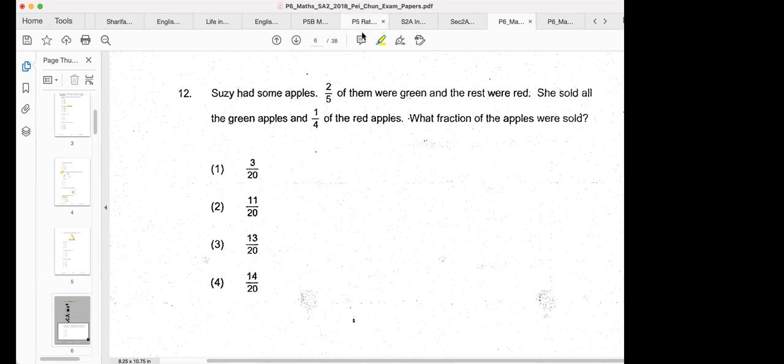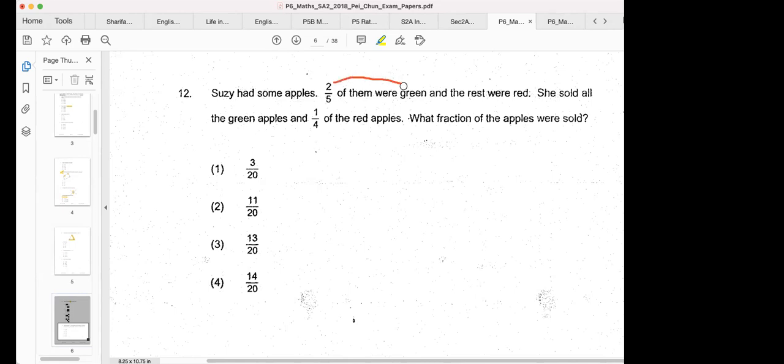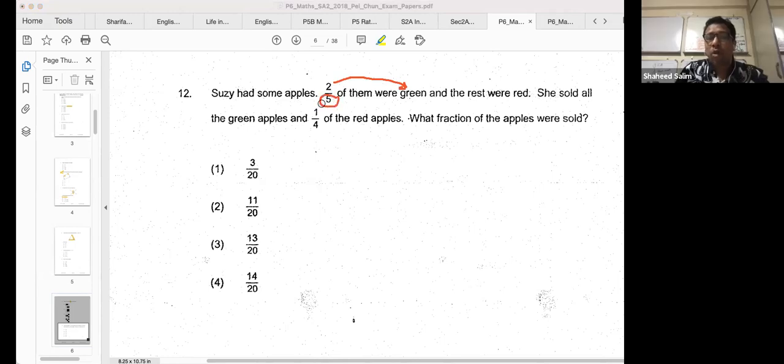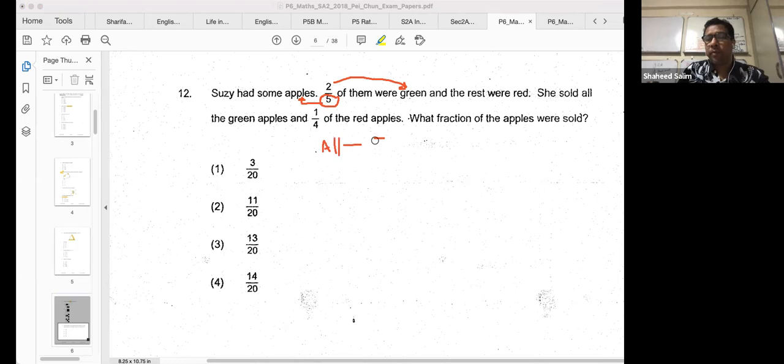So now, Akil, come. You see, down here it says Susie had some apples. 2/5 were green, so 2 parts are green. These 5 parts are all the apples. So all apples is 5 parts. Green, 2 parts.